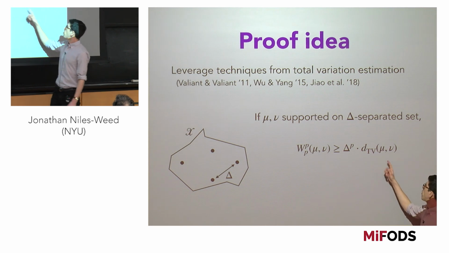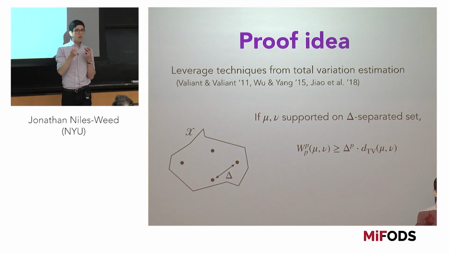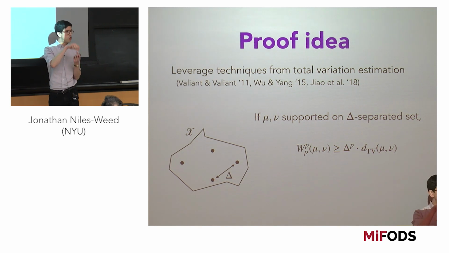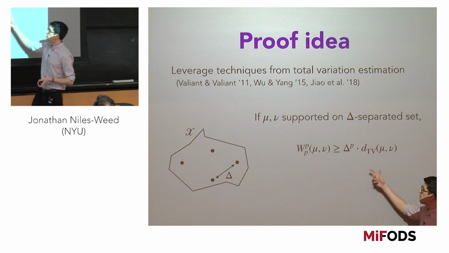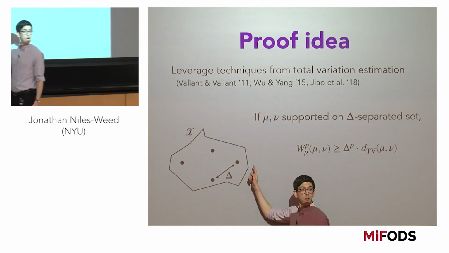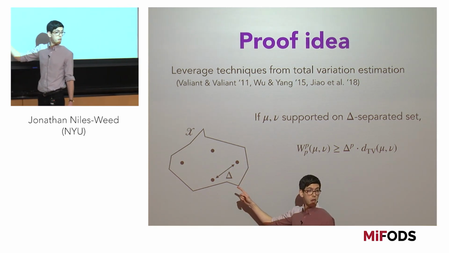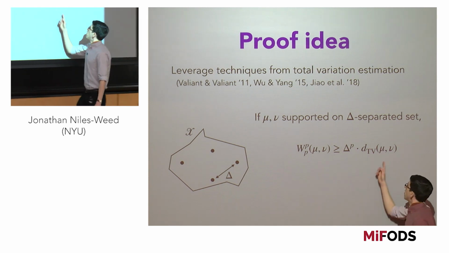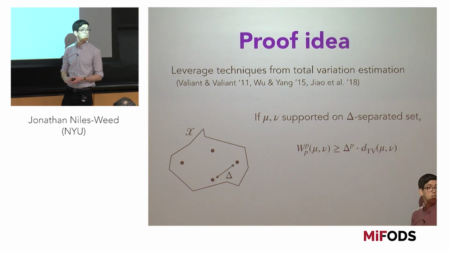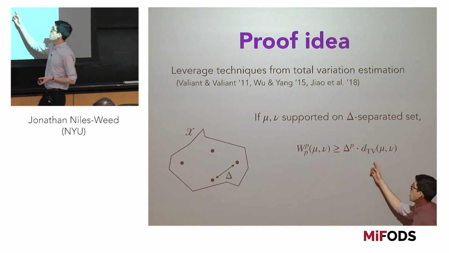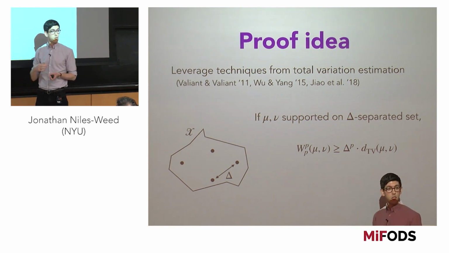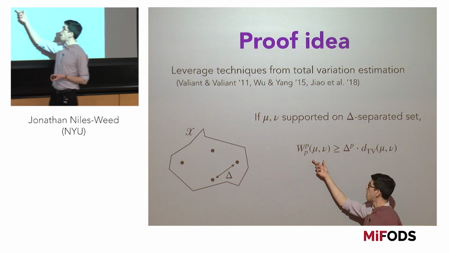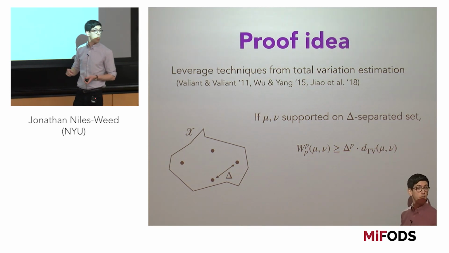We know that total variation is an infimum over all couplings, and it just asks to make the probability that two points differ as small as possible. But whenever two points differ here, I have to pay delta to the p in order to bring one to the other. So this norm, which is like delta to the p scaled version of the trivial norm, is a lower bound for how far I'll have to move things in the case of the Wasserstein distance. Because I have to move stuff a certain amount, and every time I move stuff, I pay delta to the p.